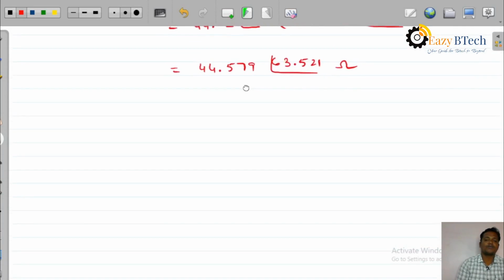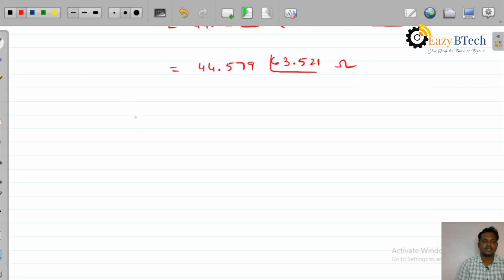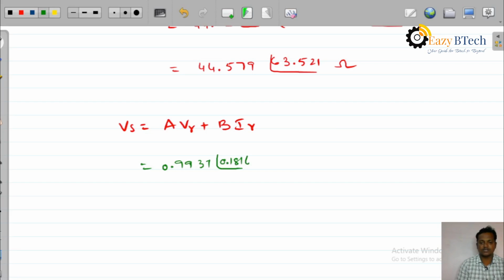And now I will calculate the sending end voltage. Sending end voltage Vs equals AVR plus BIR. Already we know those values. A equals 0.9937 at an angle 0.1816.